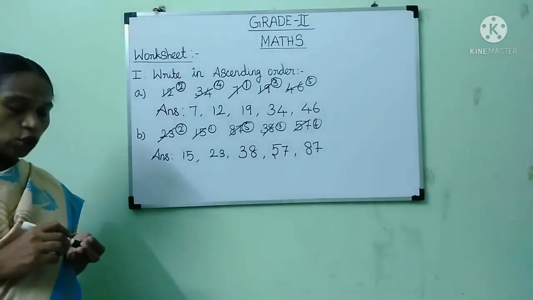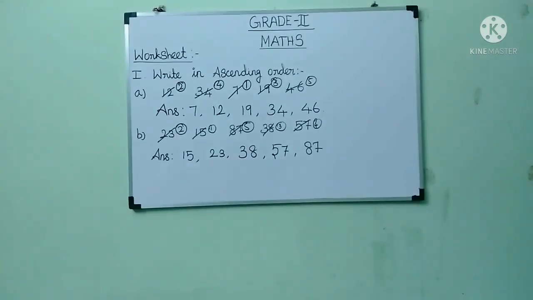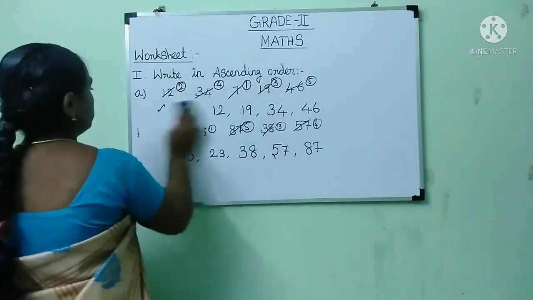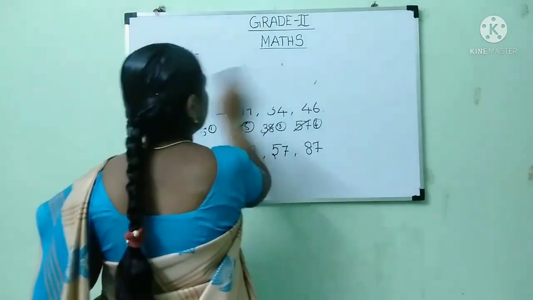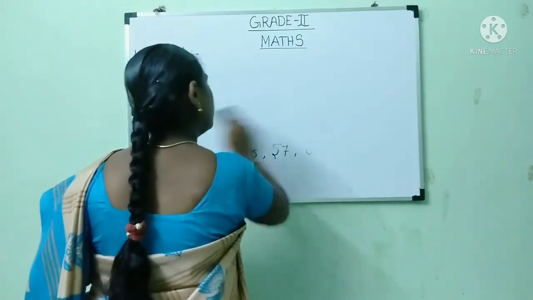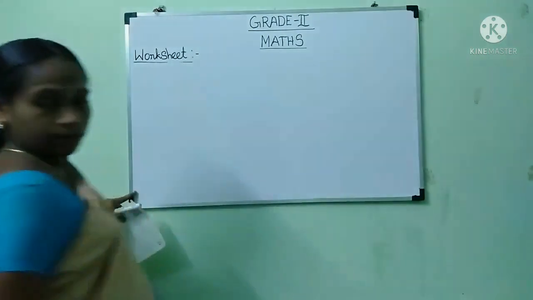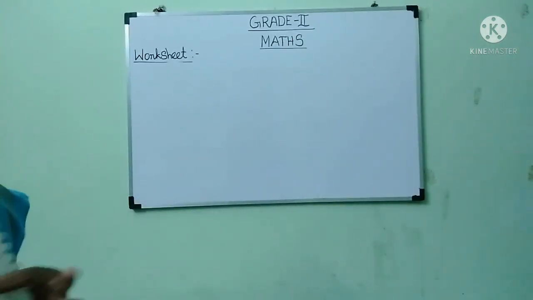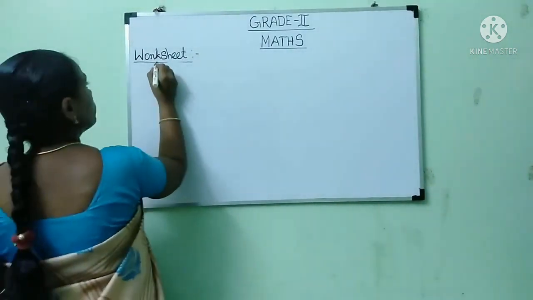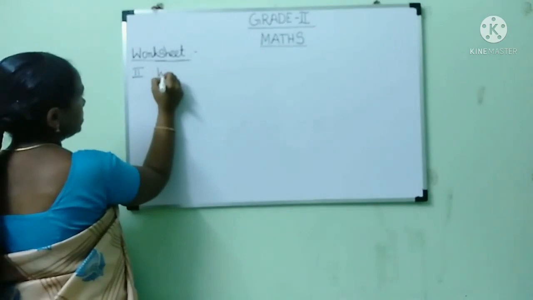Okay. The next Roman, write in descending order. See. Second Roman, write in descending order.